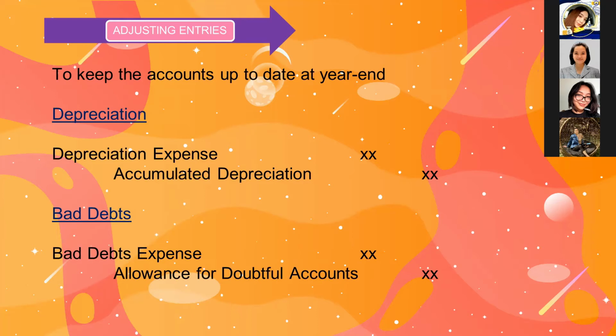Next we have the bad debts. Of course, when it comes to bad debts, basically we provide how much of our AR is deemed uncollectible. So meaning usually with huge companies, like Xerox, at the onset of sales, right when they sell, there's already a certain percentage involved to be adjusted as bad debt expense, no?